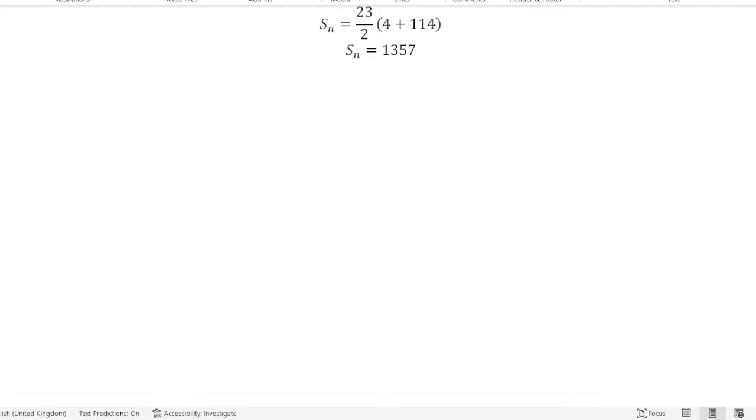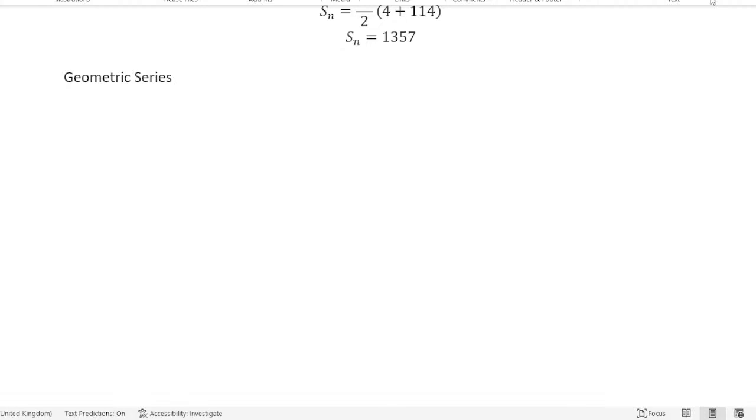All right, now I'm gonna explain about the geometric series. So the geometric series is an easy one. We have a formula for geometric series.